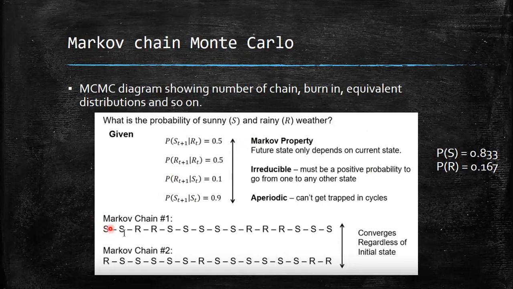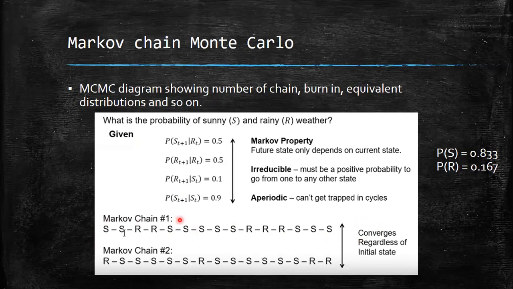We'll begin with an initial state of S. Actually, it doesn't matter what you take. No matter what you begin with, the chain will eventually stabilize at an equivalent distribution, which is governed by these terms.